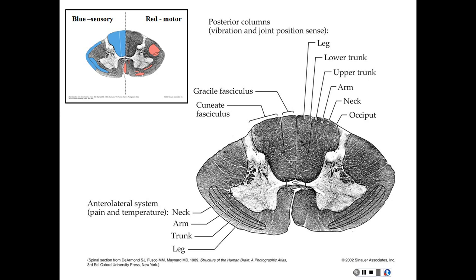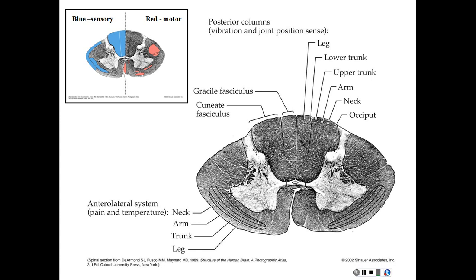Rather, both sets of axons, the ones associated with the dorsal columns over here and your anterolateral systems here, are incredibly segregated. That is, the axons having to do with the leg are all traveling together, the ones with the trunk are all traveling together, the arm and the neck, and that's where both the pain and temperature pathway and your proprioceptive pathway.